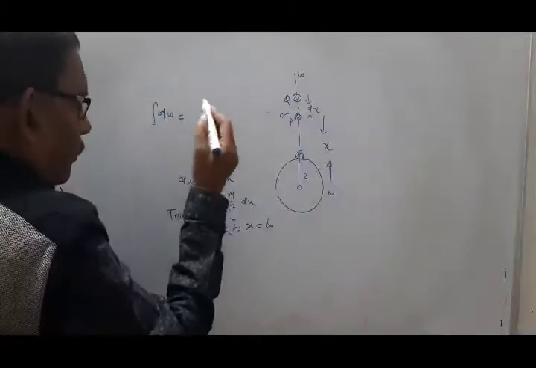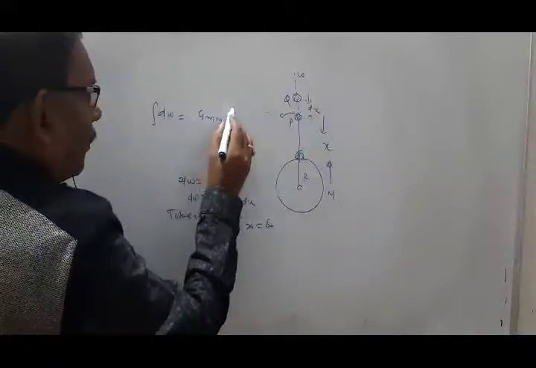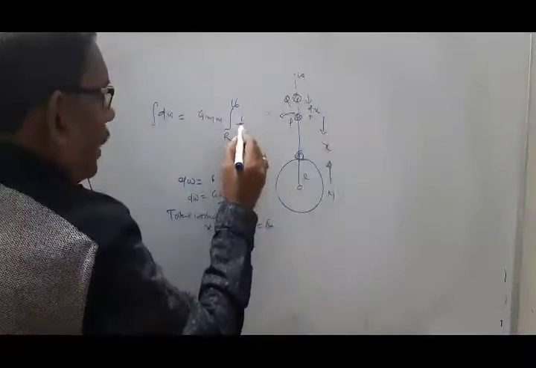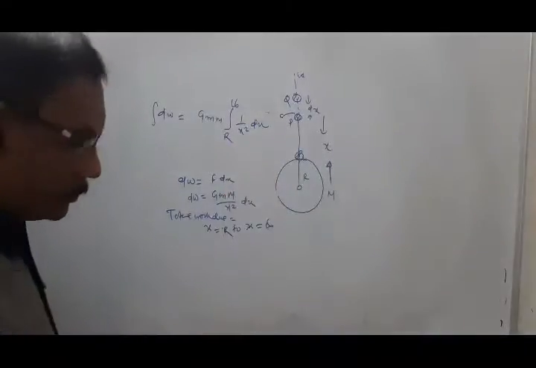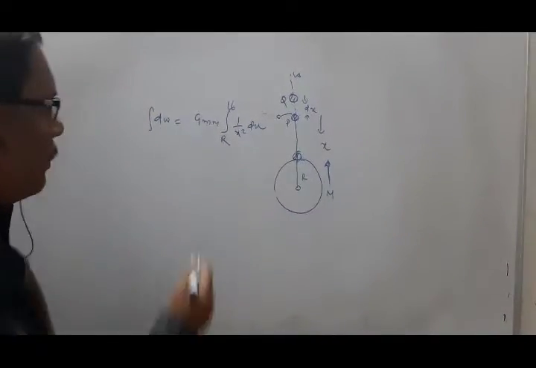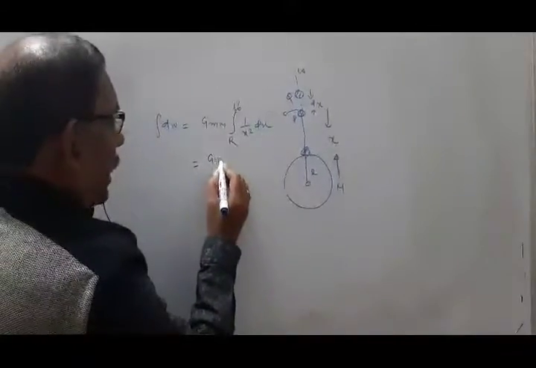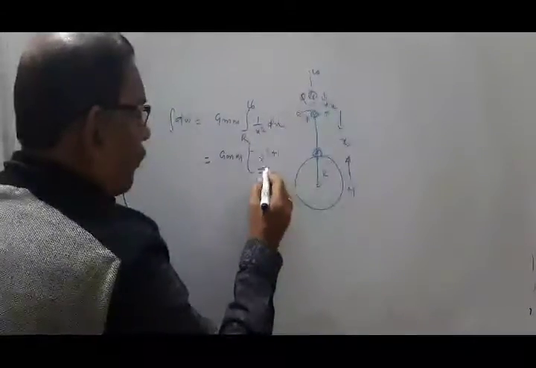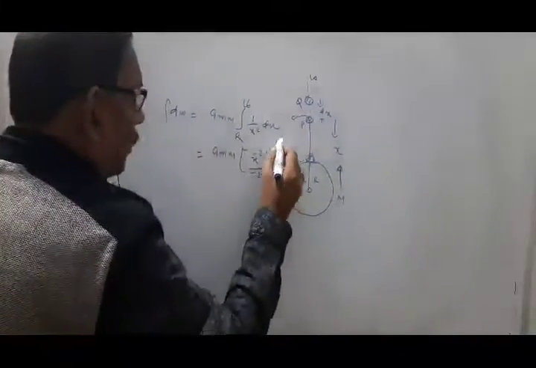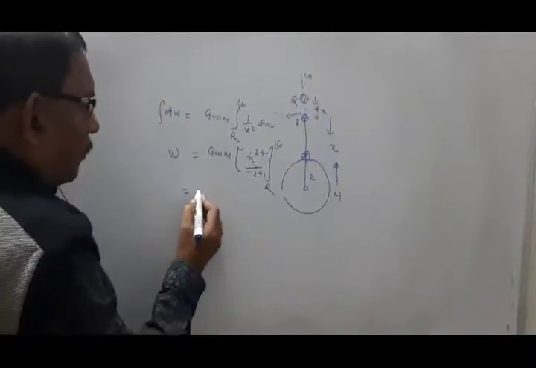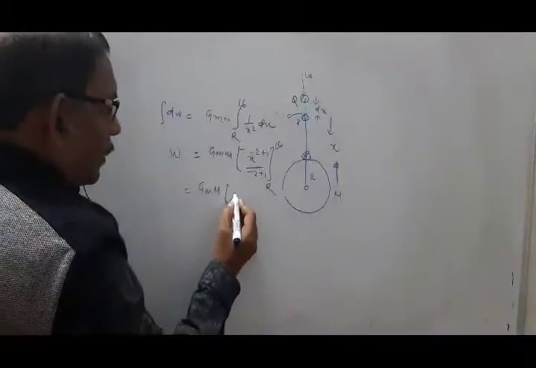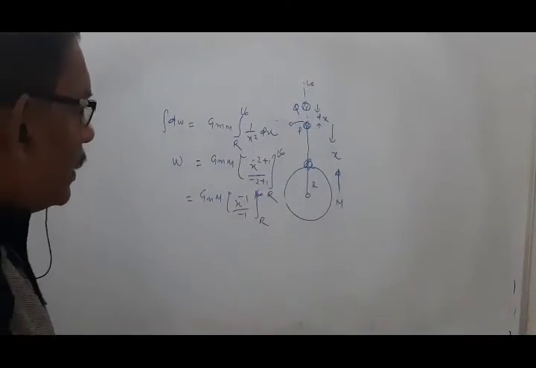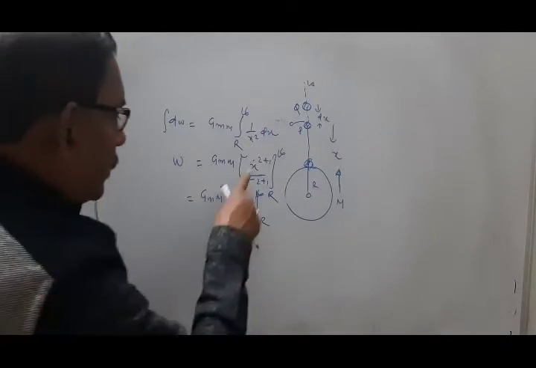Integrating the work done equation, W = GMm ∫ from R to infinity of 1/x² dx. After integrating, we get GMm [x^(−2+1)/(−2+1)] from R to infinity. This is the method of integration; you have to solve in this way.